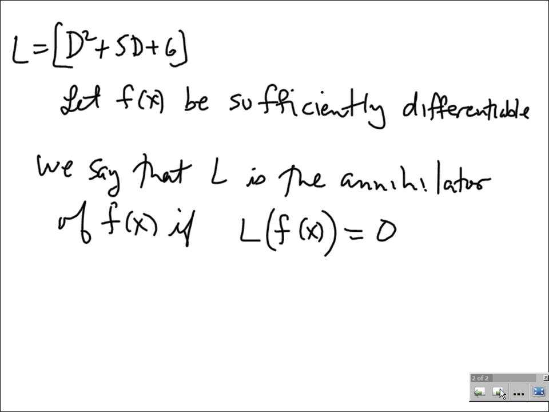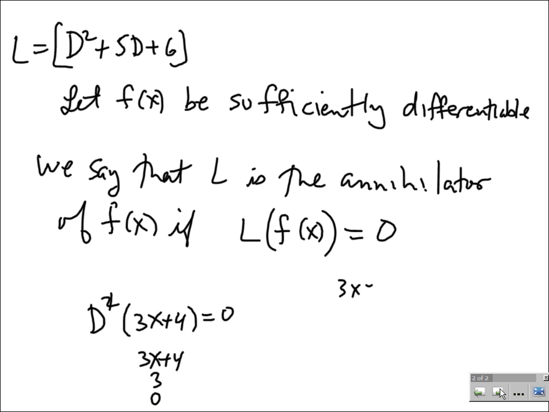It annihilates it. For example, d squared of 3x plus 4. Well, here's 3x plus 4. That's the first derivative, and that's the second derivative. It annihilated it. Of course, if we took the fourth derivative, we did d4, it would also annihilate it.